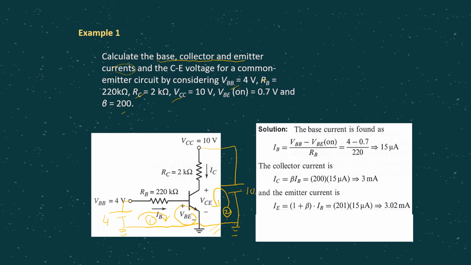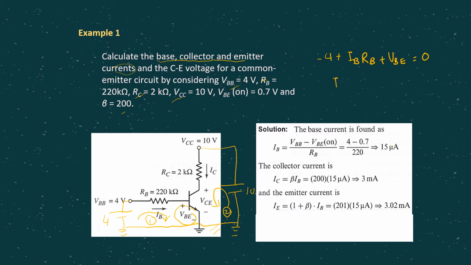Okay, so from the BE loop just now, actually we can do KVL, where our KVL equation is negative 4 plus IBRB plus VBE equals 0. Okay, and this is the KVL equation.